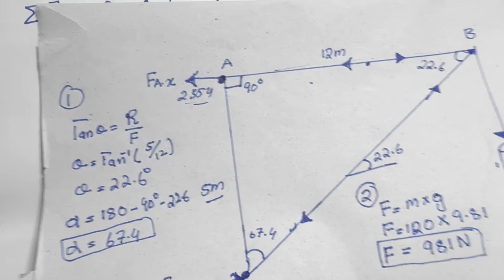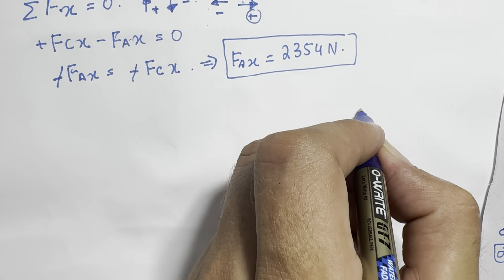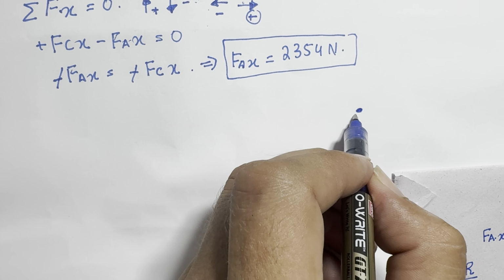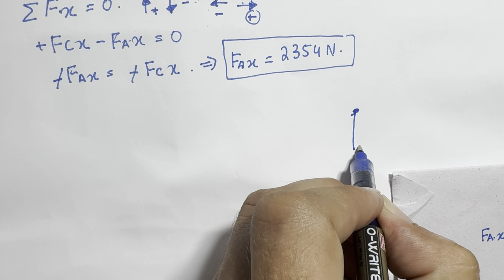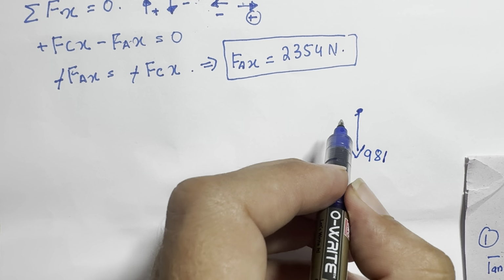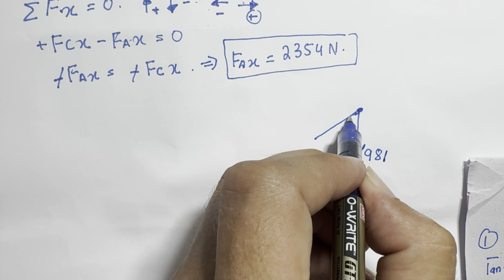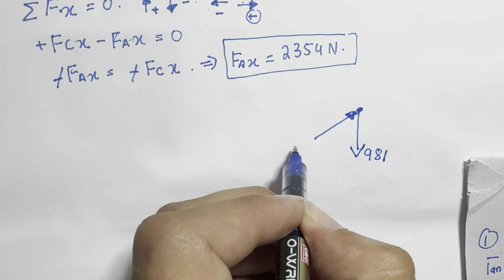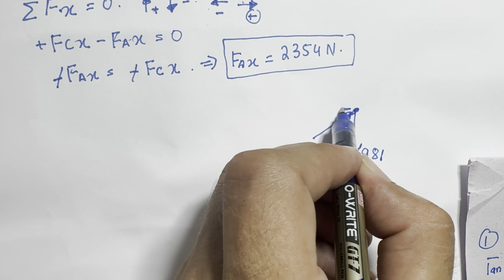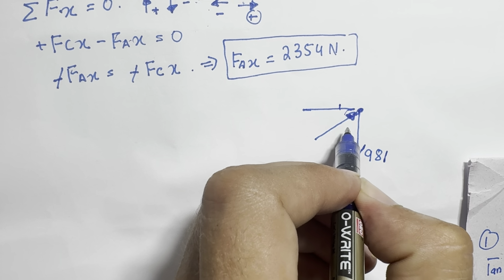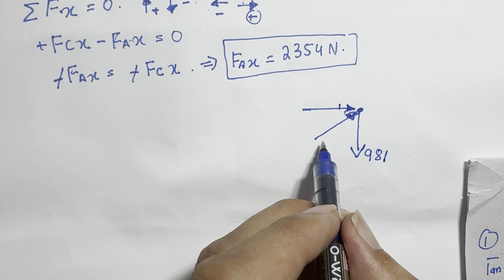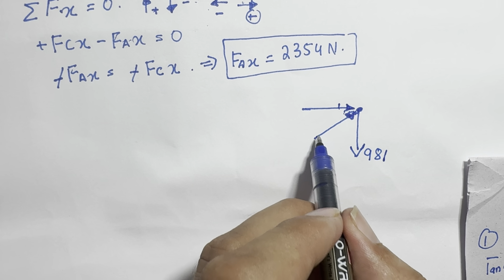So I will first draw a diagram of this joint. This is my weight, which is 981 Newton, and this is my BC member, directed upward, and this is my AB member.